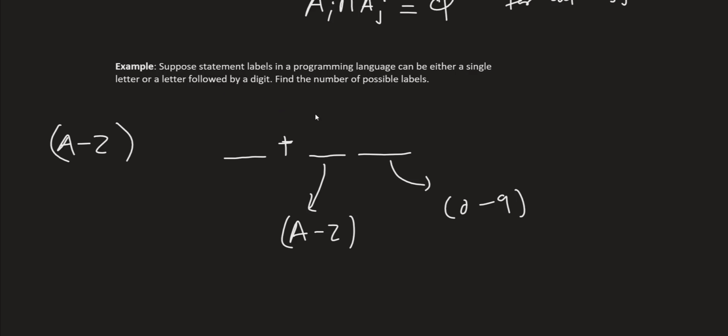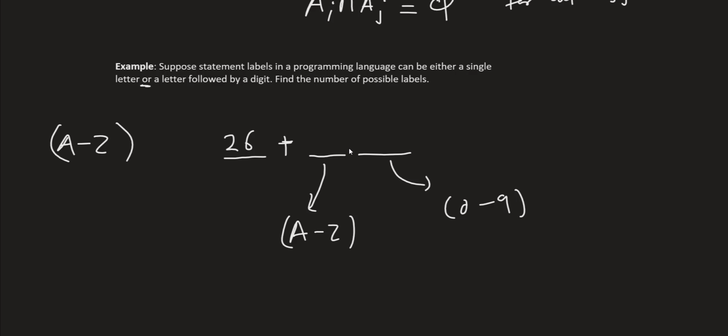This is a typical example where both the sum rule and the product rule can be used. Here we have OR. At first we have either a single letter or a letter followed by a digit. The first one can be represented in 26 ways. Then the second part can be further divided into two tasks.